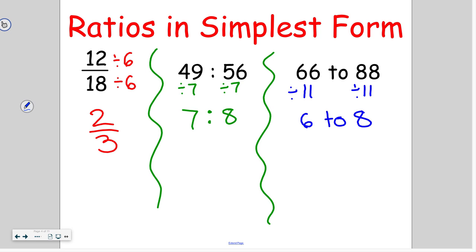I can continue to reduce that one by dividing both of those by 2, giving me a final answer of 3 to 4. So make sure that you are reducing those quantities as far down as possible. Same thing as when you simplify fractions.